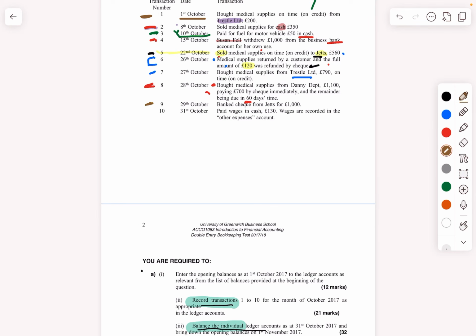Next, number 9, banked check from Jet 1,000. Banked means bank, that means we received 1,000 from Jet's account. So banked means we received in the bank account 1,000 from Jet.